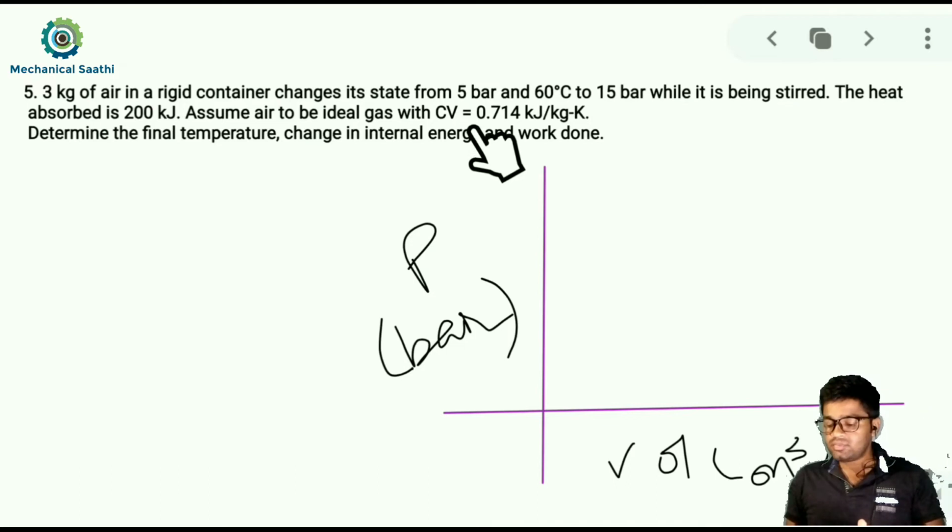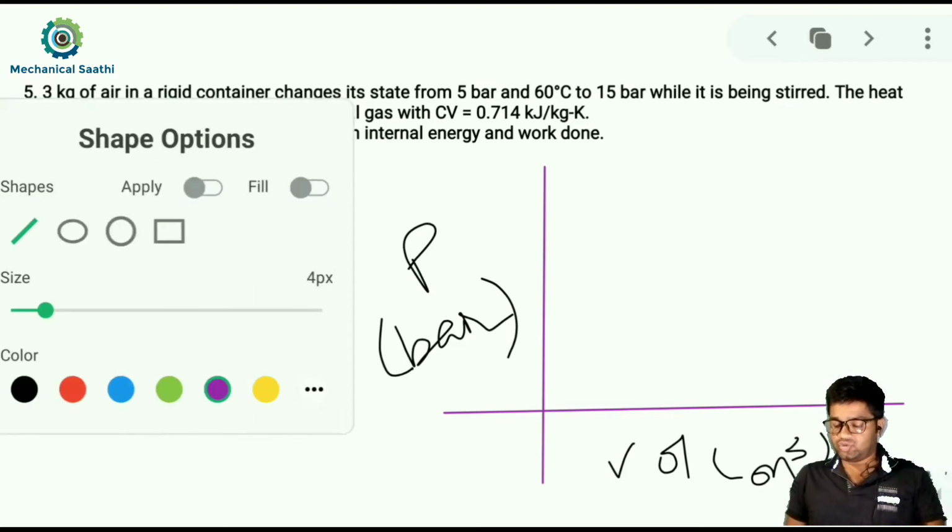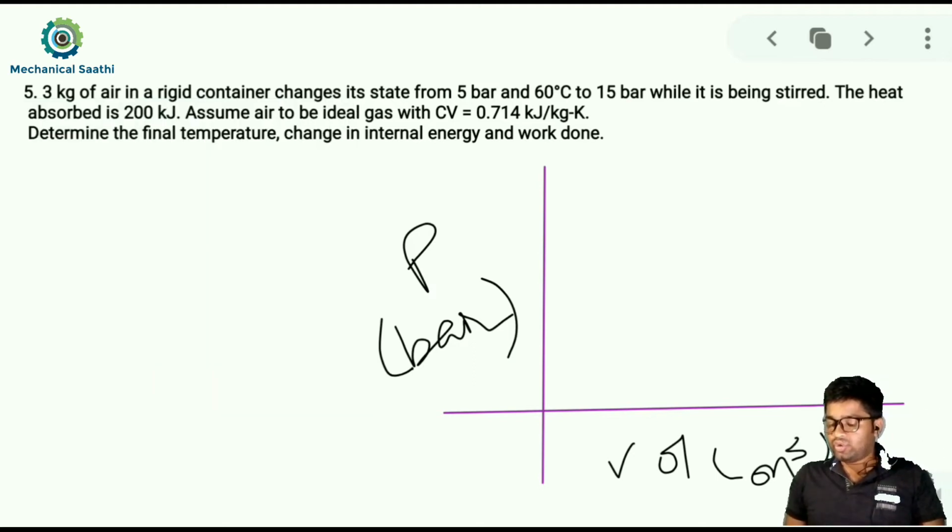An isochoric process on a PV diagram is a vertical line. Let me use another ink, the red one, so we can get a process somewhat like this.